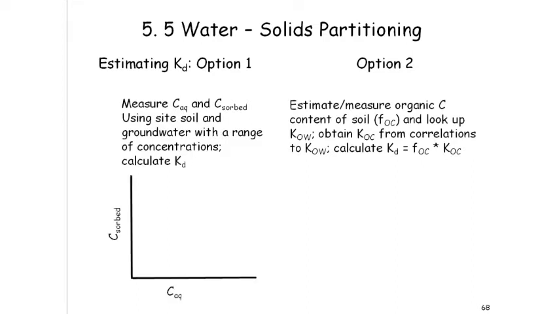What we're trying to do is develop a plot of the sorbed concentration versus the aqueous concentration. We would take that data, and hopefully a linear straight line would fit the data fairly well. The slope of that line is then Kd for that chemical and for that soil groundwater system.